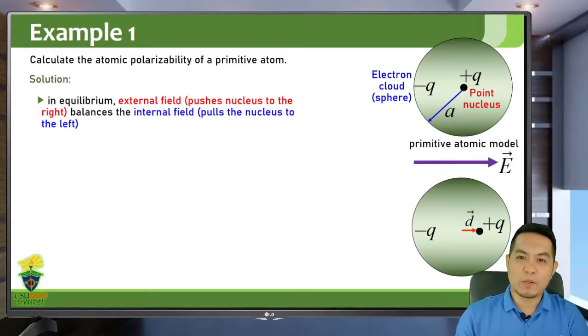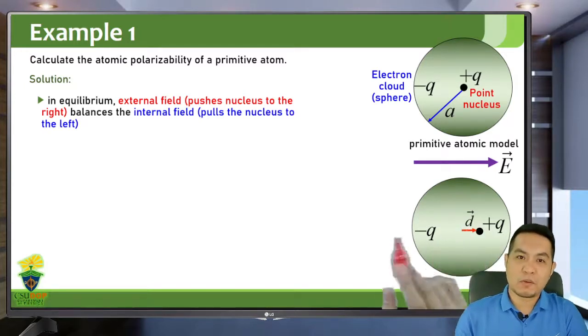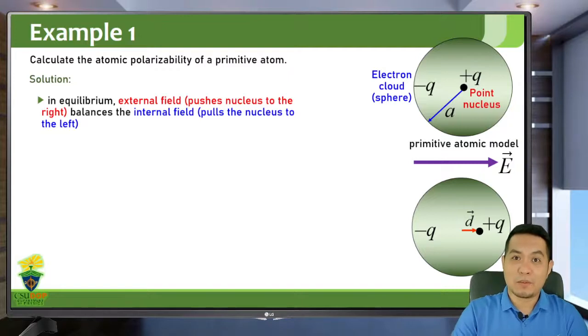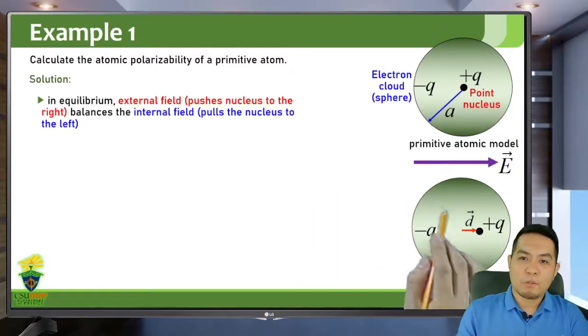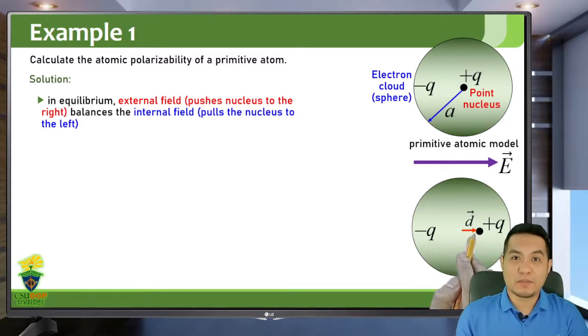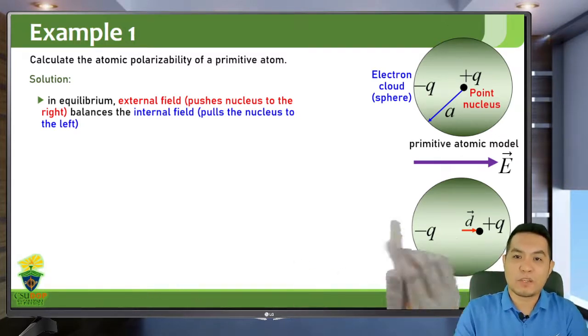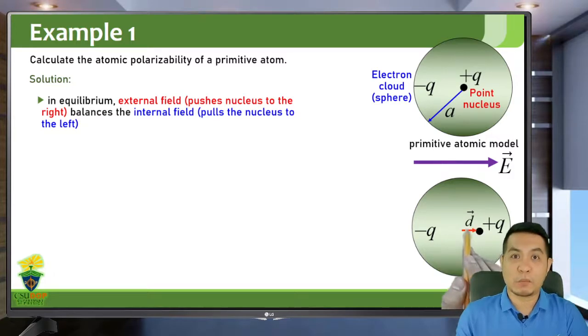So in equilibrium, the force due to the electric field and the force due to the electron cloud will balance each other out, because your point nucleus will no longer be moving. Meaning the force exerted by the external electric field and the force exerted by the electron cloud essentially balance each other.